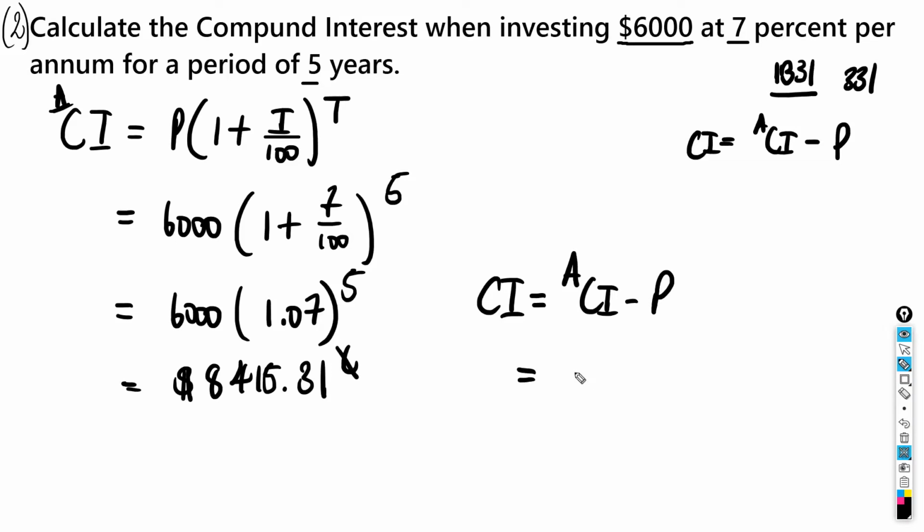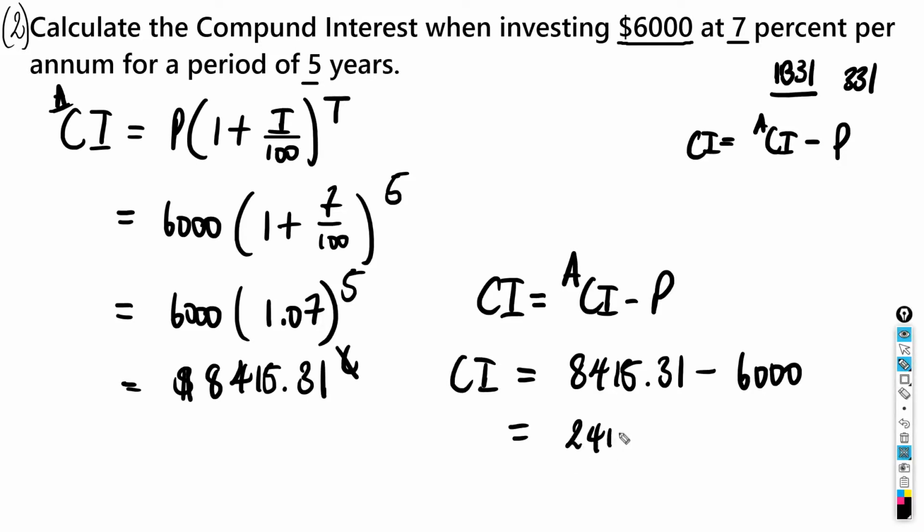So this is 8415.31 minus the principal, which is the 6,000, and you're going to end up with 2415.31. And this is the compound interest, guys. This is the total interest that was added to the principal to get the accrued amount.